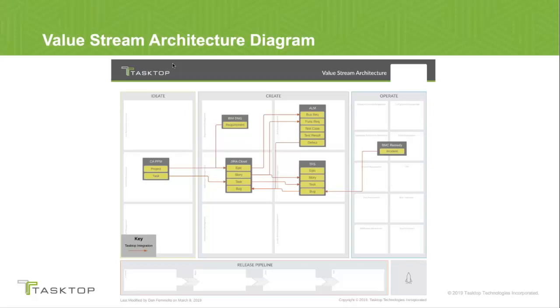So this is a sample customer where they've got their requirements tool, their project management tool, Jira Cloud in the middle, ALM for testing, TFS for doing the code, and Remedy in the back end after implementation, if there are any incidents. All of the red lines are integrations that Tasktop is doing between these tools. It's moving all the data and keeping all of these artifacts in sync.